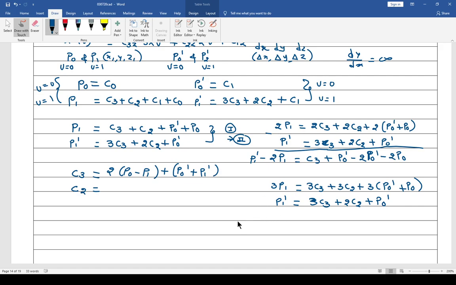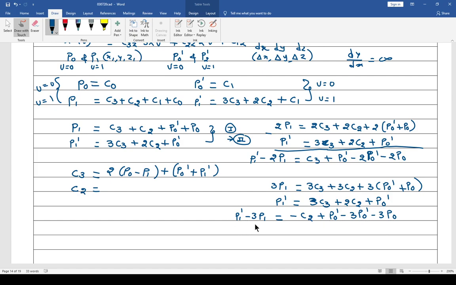So first equation from second, so I get p1 dash minus 3 times p1, then I will get minus c2, okay, plus p0 dash minus 3 times p0 dash, and I'll have minus 3 times p0.